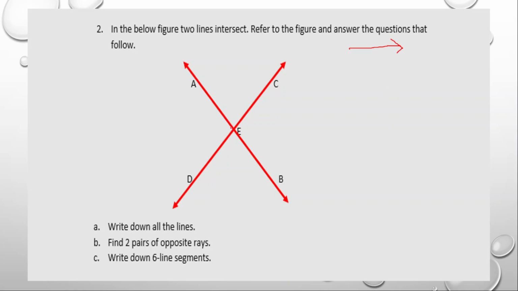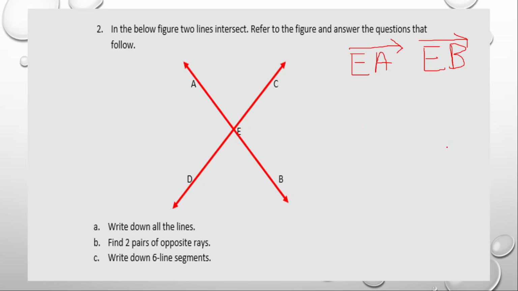So the starting point is not A, the starting point is E. E, A, and EA is opposite EB. Look how I write it. Starting point and the arrow.